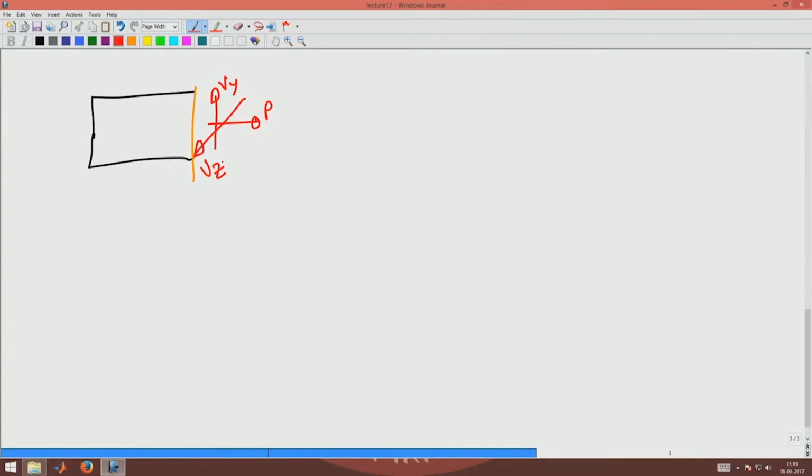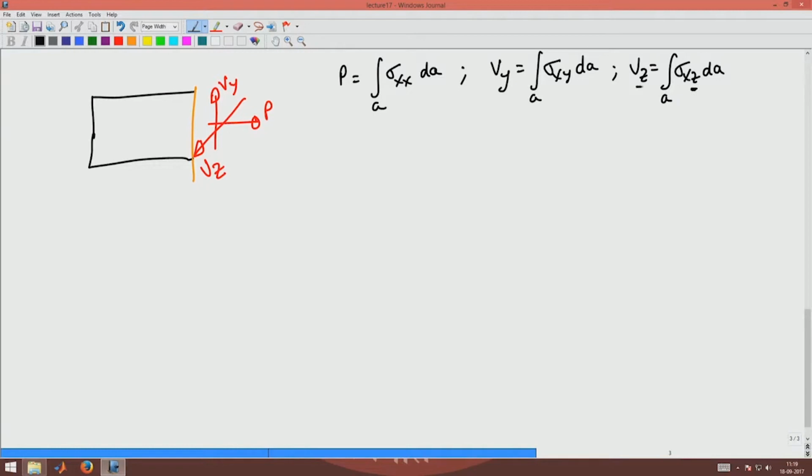These are the net forces, where P is given by integral sigma xx dA and Vy is given by integral sigma xy dA and Vz is given by integral sigma xz dA. You can note that the second index is the suffix for the shear forces Vy and Vz.